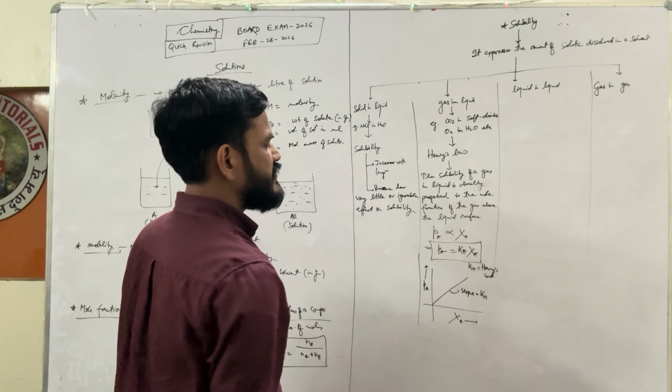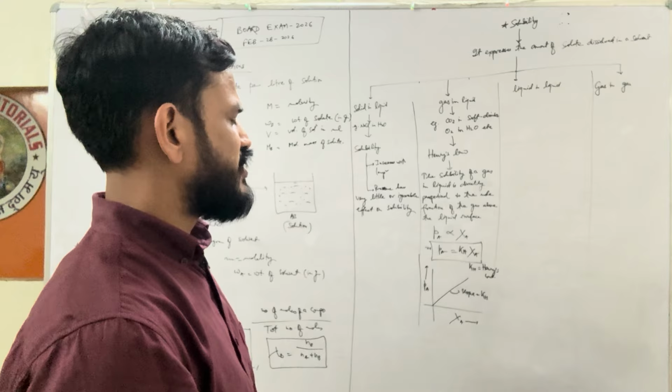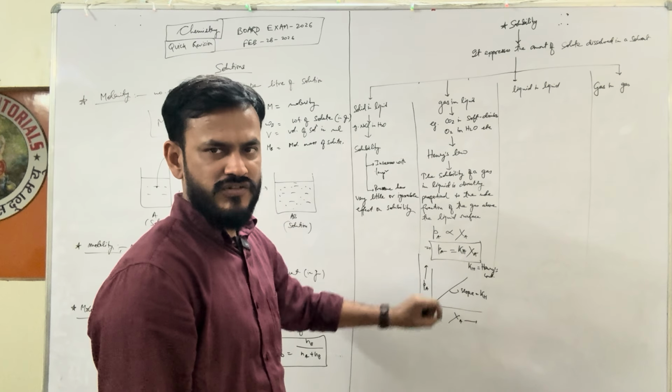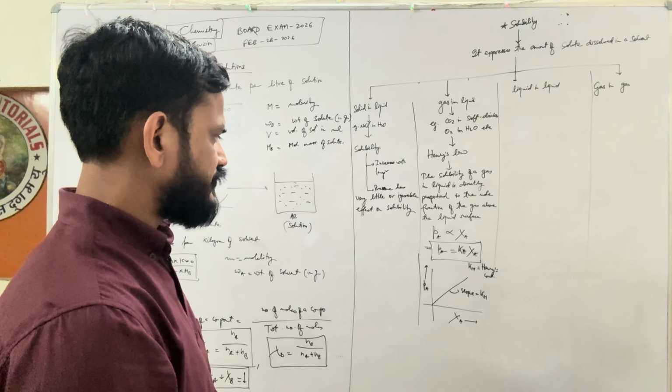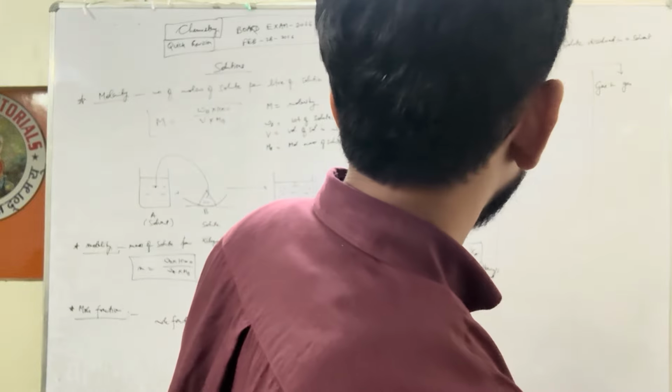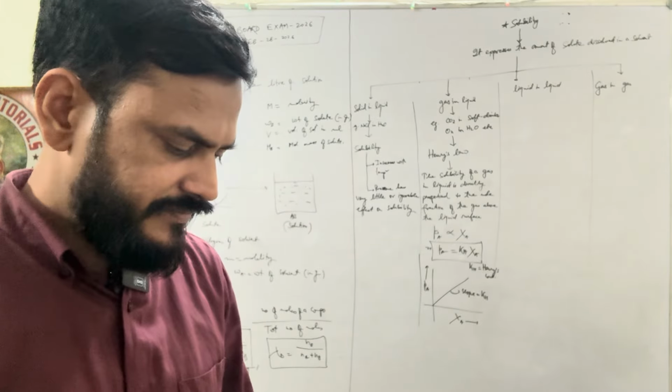See, y equals mx plus c is the equation of a straight line, where the slope m is given by Henry's constant. Now we go to liquids in liquid.